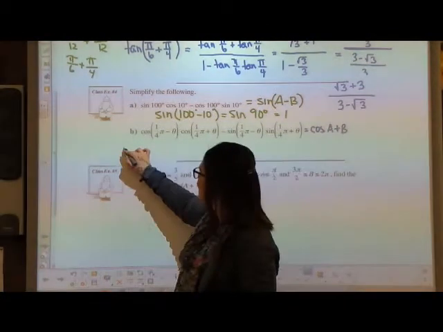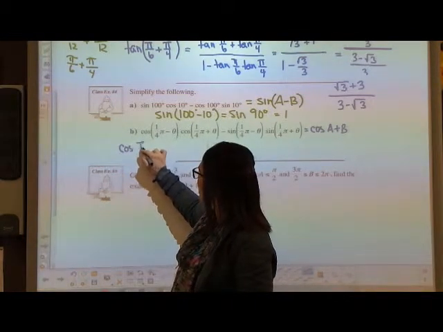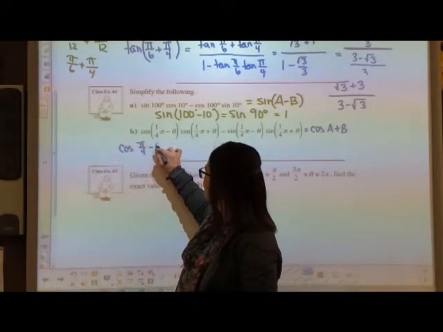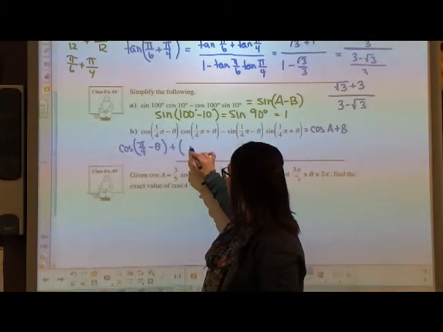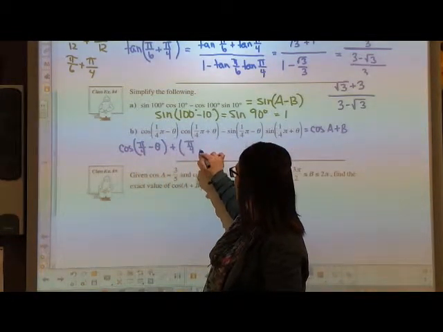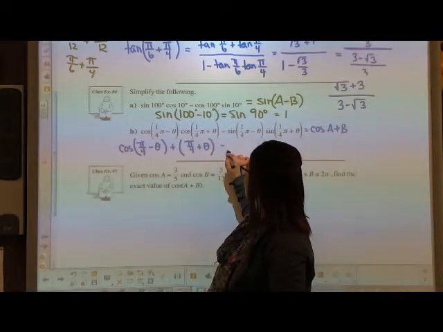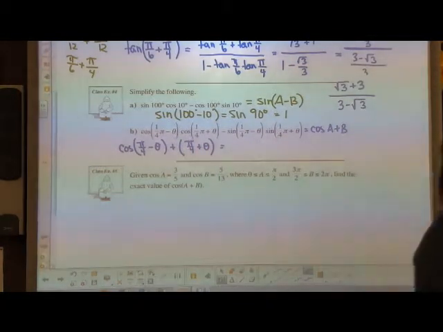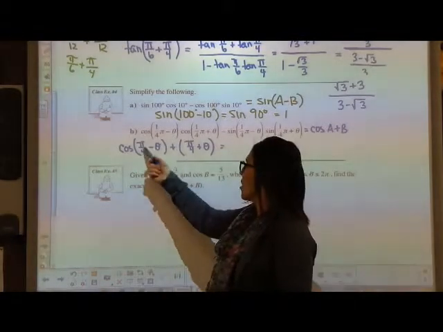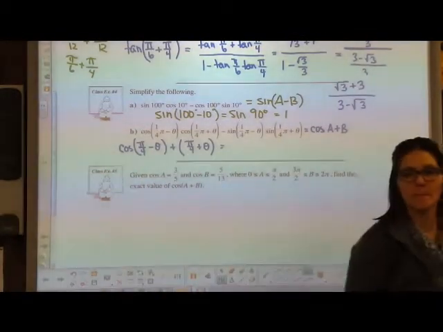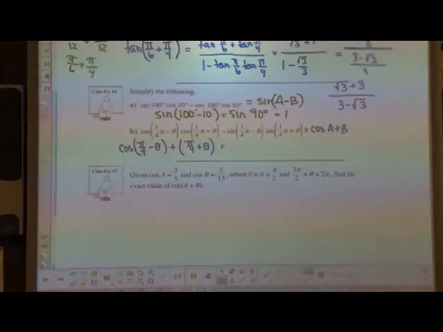So A is pi over 4 minus theta, and B is pi over 4 plus theta. So if I add these together, what's pi over 4 plus pi over 4? 2 pi over 4.